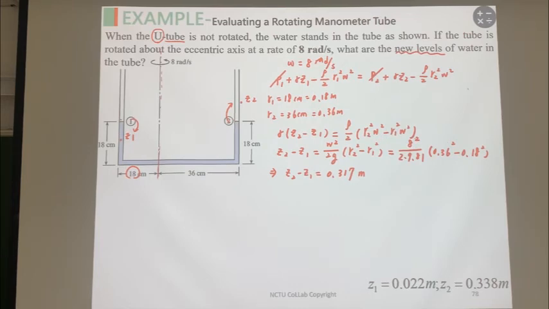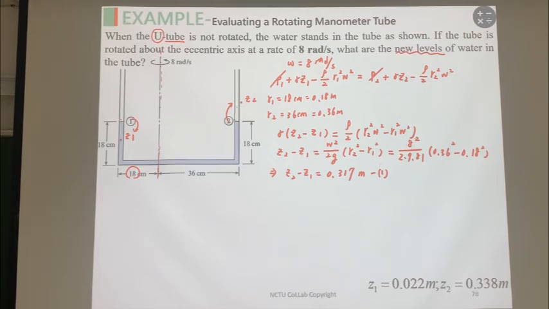So we take a look. We only have one equation, but we need to answer the question of the new levels, so we need to know Z1 and Z2. But we only have one equation, so an additional equation is still needed.